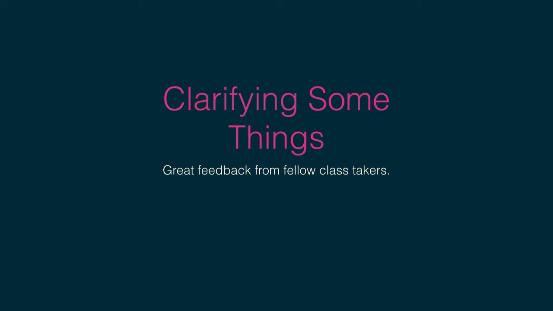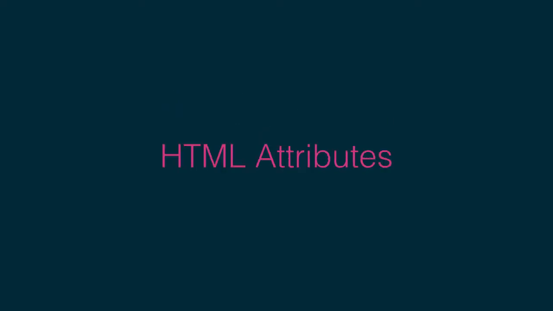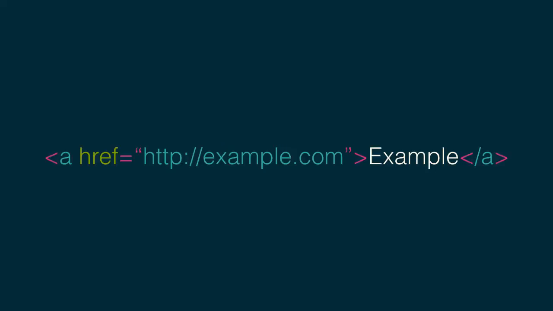But one question that someone asked me that was a good question was kind of about HTML attributes. So let's say you have a link or an anchor tag, and the anchor tag always seems to come in the same way.